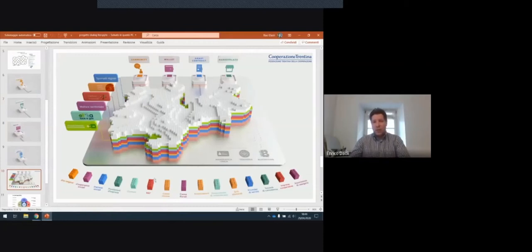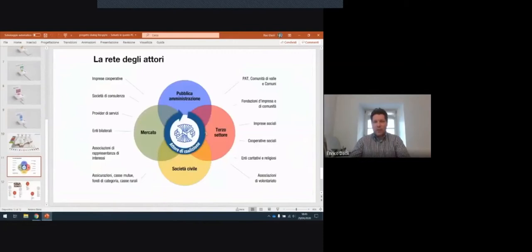The broader picture wishes to embrace the whole society, spanning from social enterprises to non-cooperative enterprises to cooperative enterprises, public actors, and of course, as said, the civil society, meaning the whole citizenship.